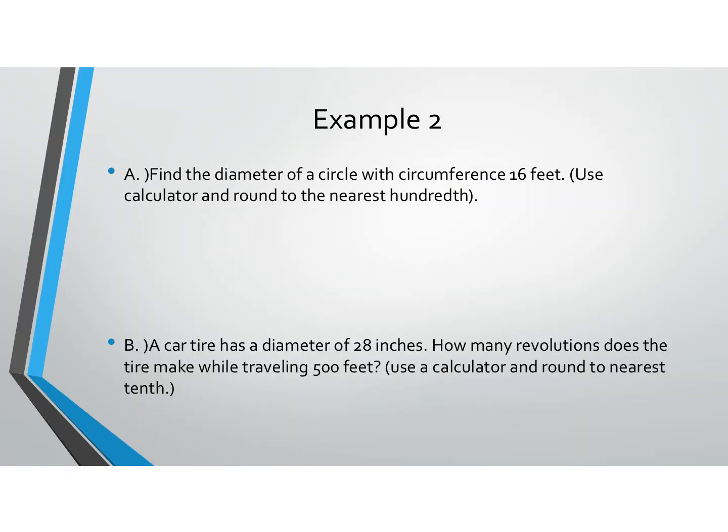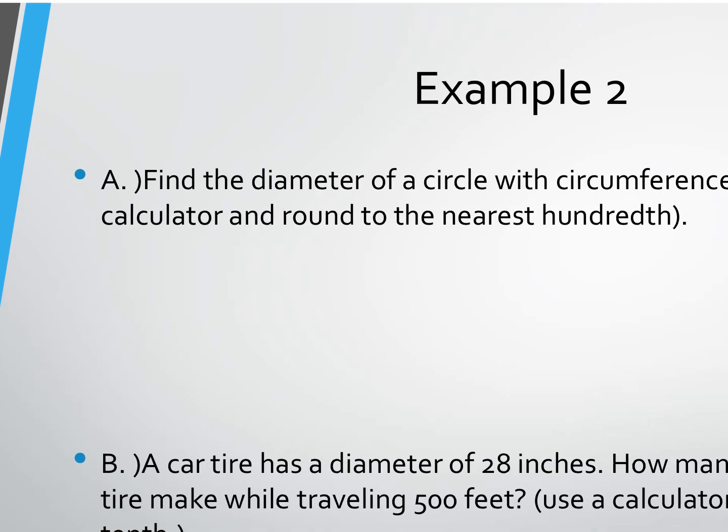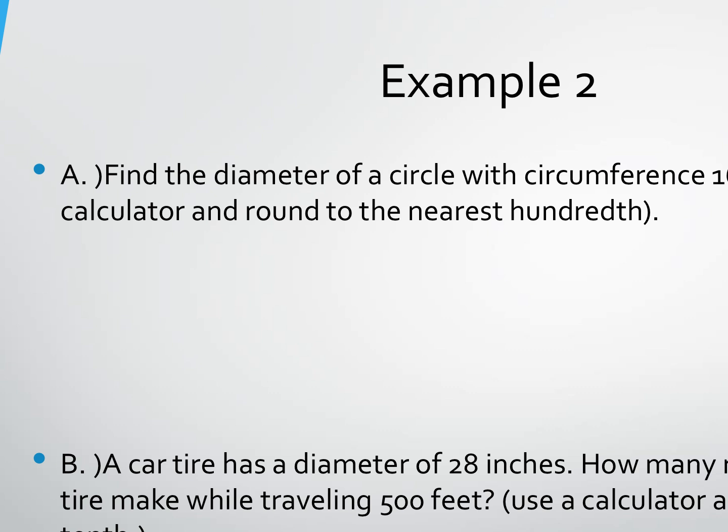All right, looking at the next examples, we're still doing the same thing. It says find the diameter of the circle with the circumference 16 feet. Okay, use your calculator and round to the nearest hundredth. So I'm going to be using the pi button, not 3.14, not leaving it exact. I'm going to actually use the pi on my calculator. So find the diameter. I need to know my rules.